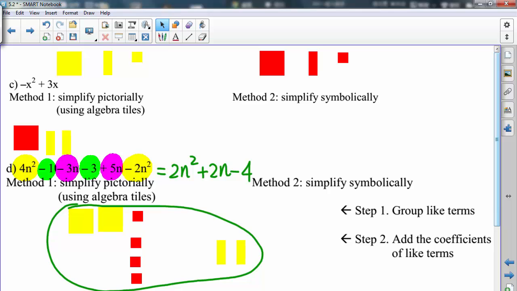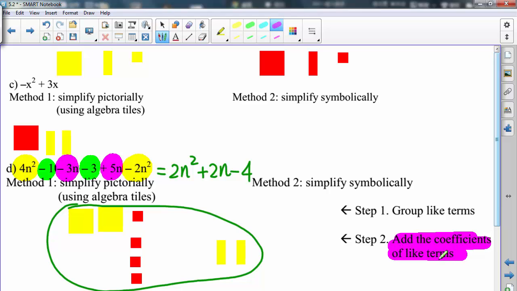So right now, I can add the coefficients of the like terms respectively. Yellow with yellow, 4 minus 2. This one is 2n squared.